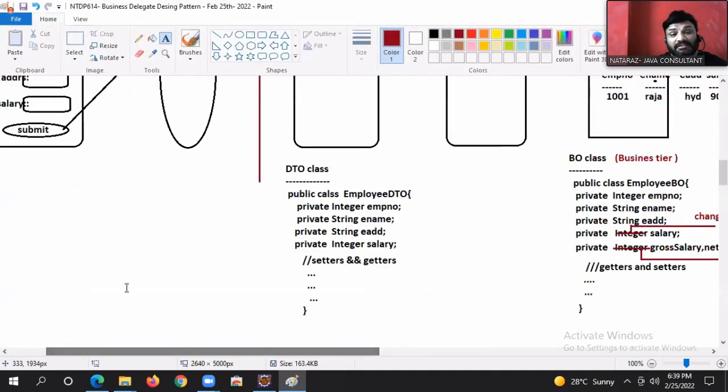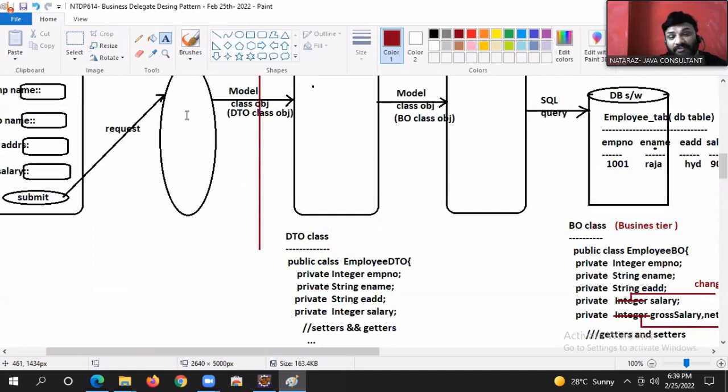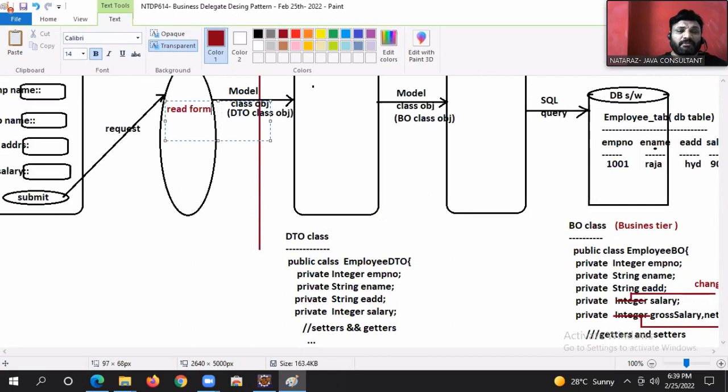But this time I need to change at what side, guys? DTO class also I need to change. Not the way I write code in DTO. Read form data to DTO class object. Right now DTO class is what, guys?